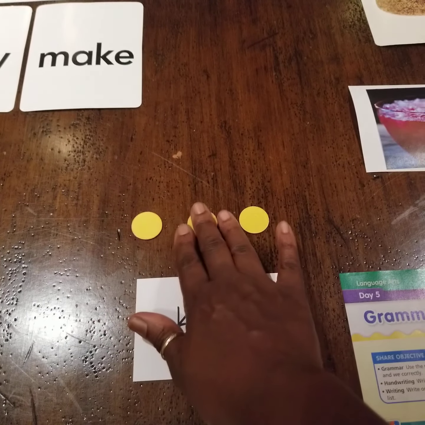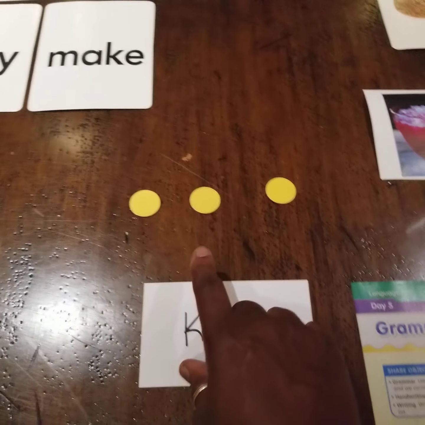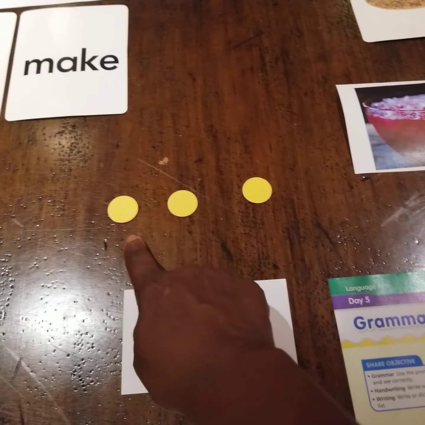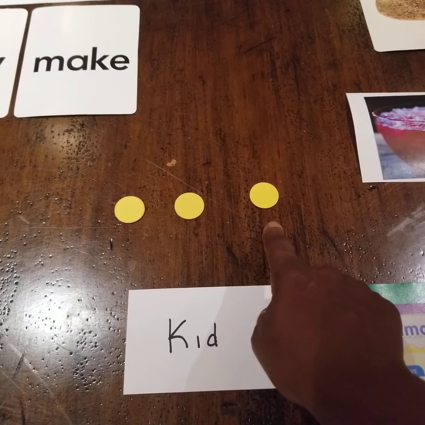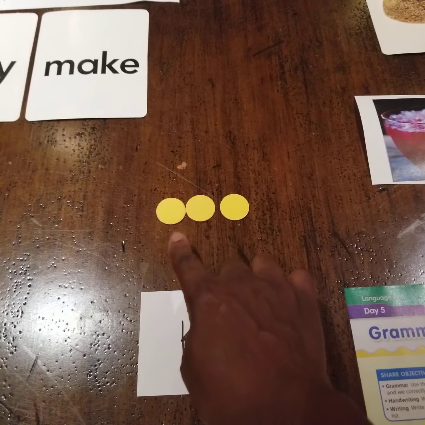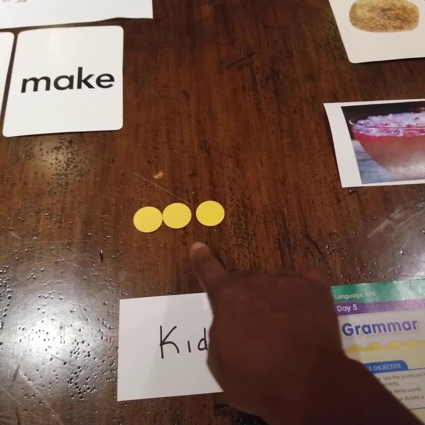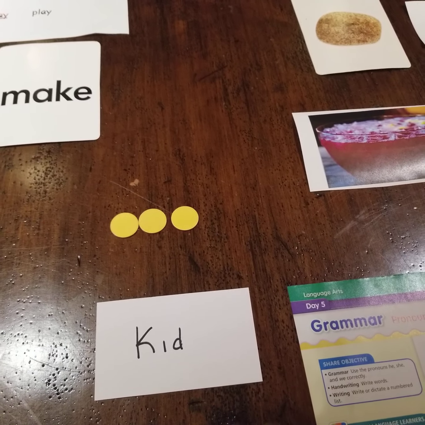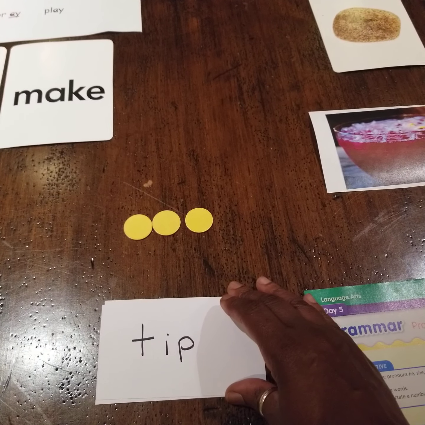Our next word would be t, i, p. If I bring those sounds together, I have tip. And that word looks like that, tip.